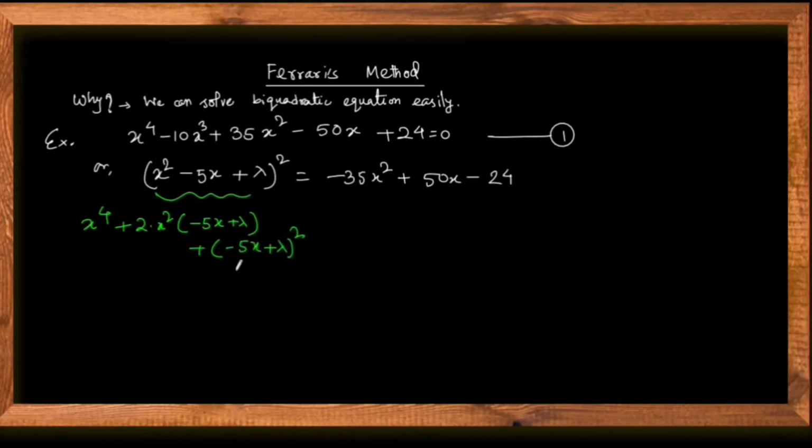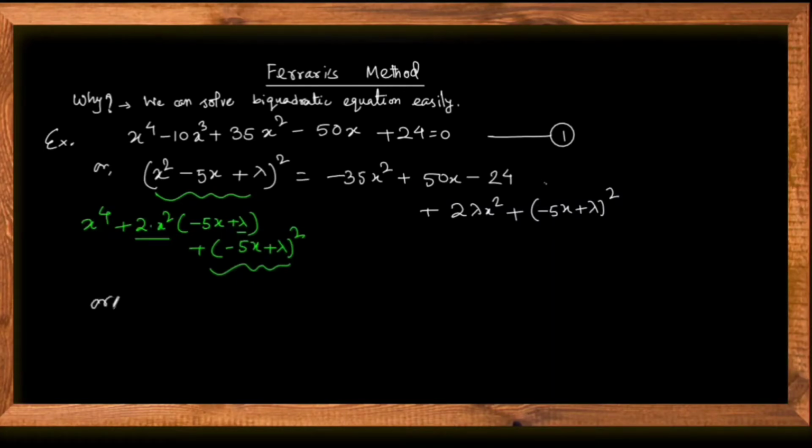So we have two more terms, that is this one, and another is 2x square times lambda. So let's put these terms on the right hand side. Therefore 2 lambda x square plus (minus 5x plus lambda) whole square.